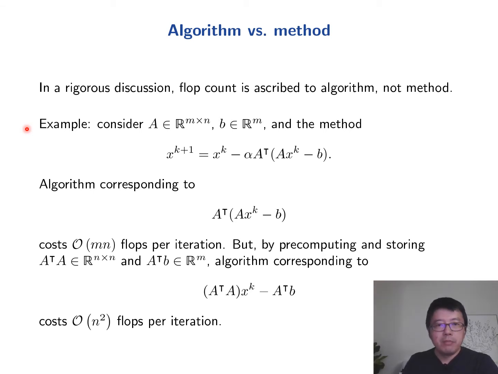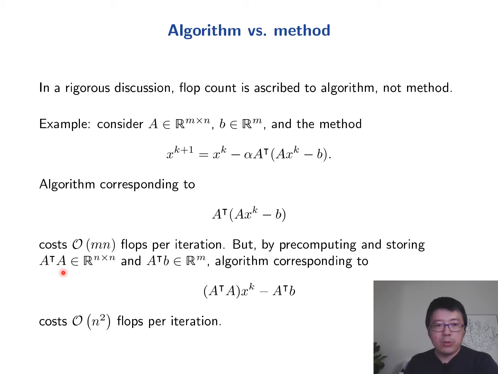Consider the method that generates a sequence of x in this iteration, where Aᵀ(Ax−b) is the gradient of the least squares of Ax minus b. The algorithm that first computes A times xk, then subtracts b, then multiplies by Aᵀ costs O(mn) flops per iteration. That is the cost of the two matrix-vector multiplications.